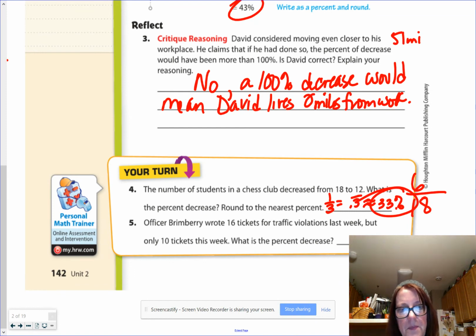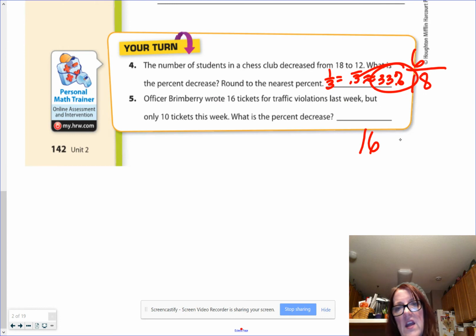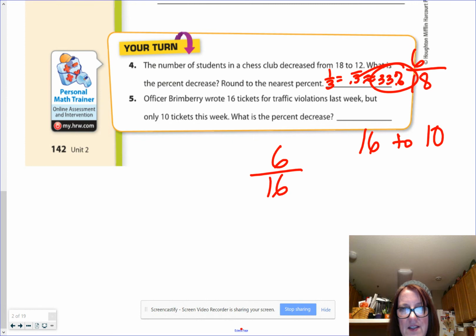This one, Officer Brimberry wrote 16 tickets for traffic violations this last week, but only 10 this week. Started at 16 and now went to 10. So that's a decrease of 6. Divide that by your starting value, which was 16.